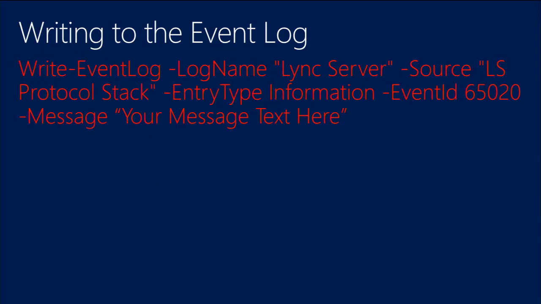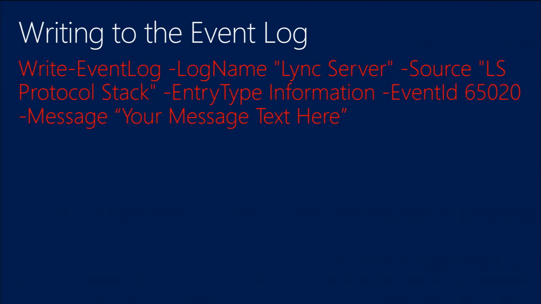So here's one of the examples, write to the event log. Anybody guess what event log we might write to here? Lync Server, right? And we're going to say the source is LS Protocol Stack. There's all kinds of information out there on this, so you can actually look up all the event entry types and the numbers and all that stuff. This is kind of generic.